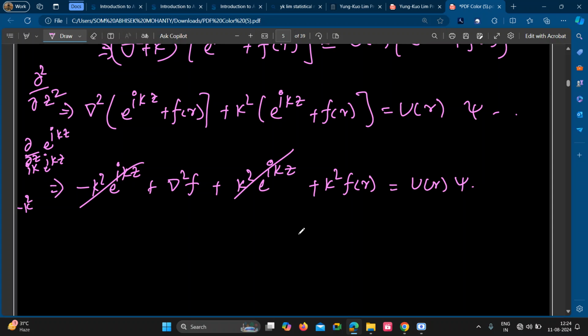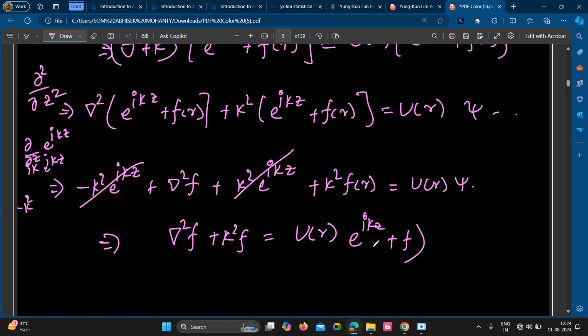What is left? Del square f plus k square f is equal to U of r times e to the power ikz plus f. So I can write del square plus k square acting on f of r is equal to U of r times this.